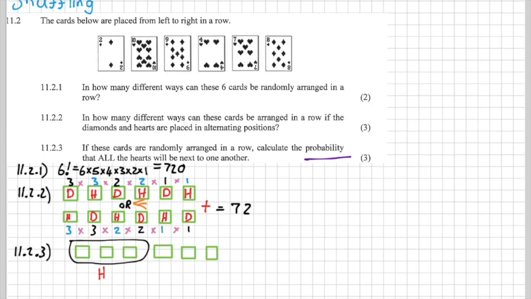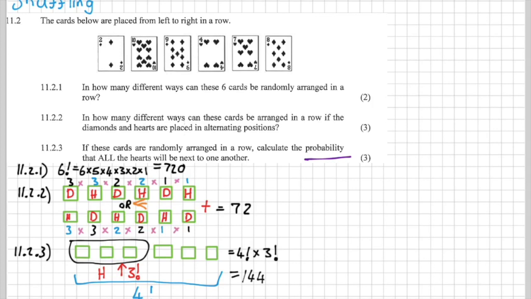If I now look at the 4 objects, meaning the box and the 3 diamonds, there's going to be 4 possible answers. But I must never forget that inside the hearts there's 3 factorial different ways. So my total number of ways are 4 factorial times by 3 factorial, which is 144.